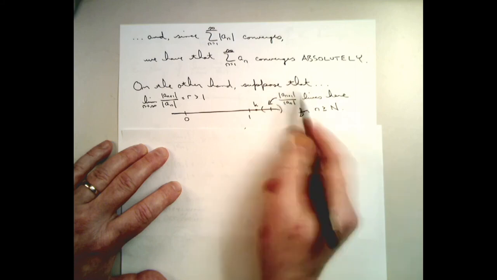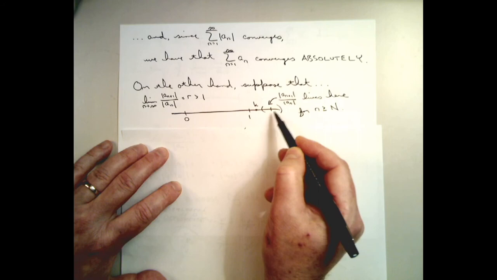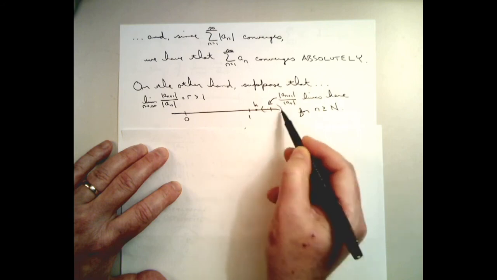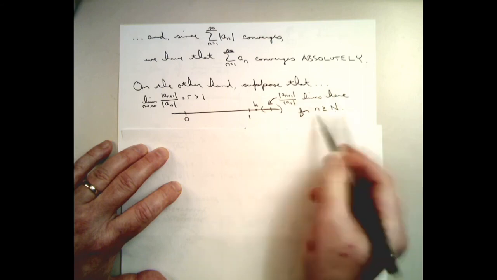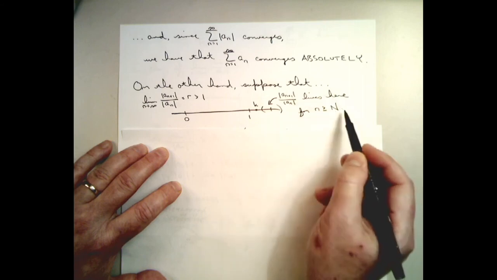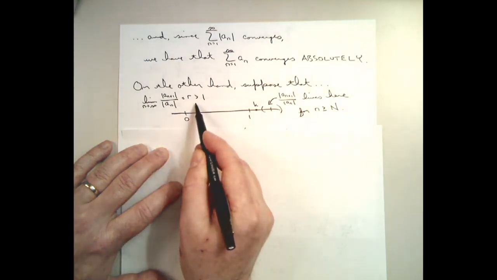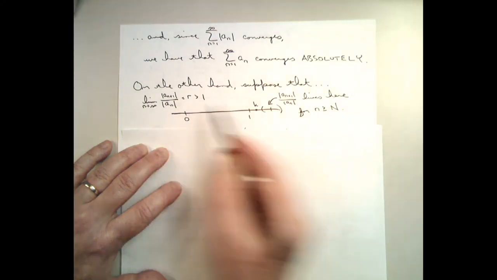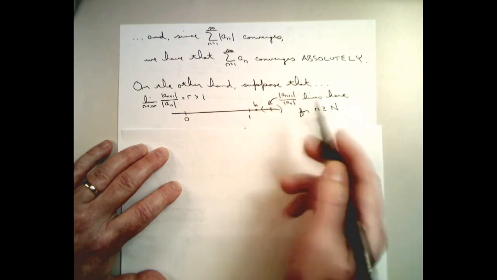what we would have had is that these ratios would have lived in some interval strictly bigger than 1 for large enough n, right? I don't know how far out I'm going to have to go, but if my limit is bigger than 1, then eventually these ratios are going to be bigger, right?